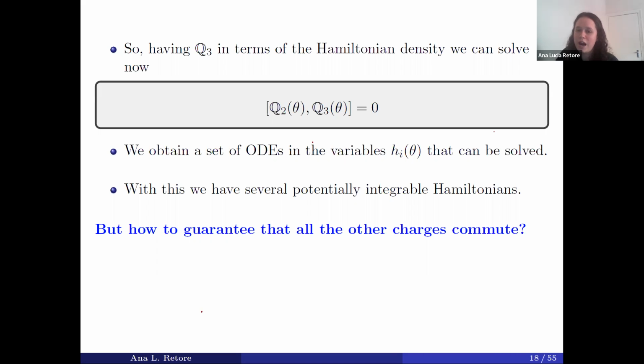So we need to find the R somehow, because there is no way we can do all the infinite charges in this way. And the good news is that Q2 and Q3 fix not only enough to allow you to do the calculation, but they fix completely the Hamiltonian. So at least for all the models we found so far, all the new models and the known ones that we just recovered, this was enough. We never found extra conditions on the Hamiltonian.